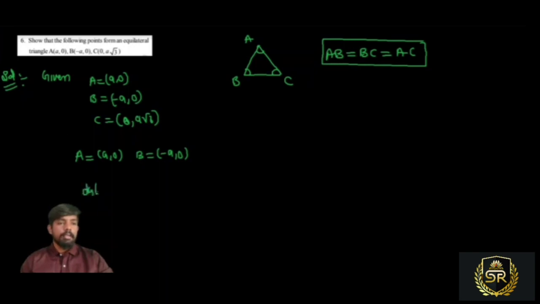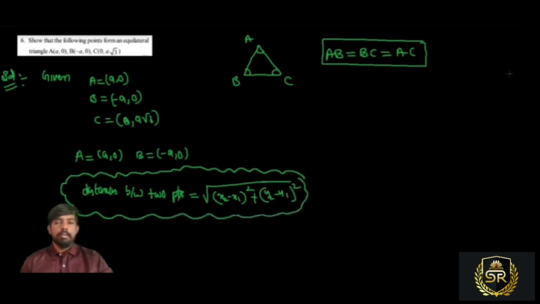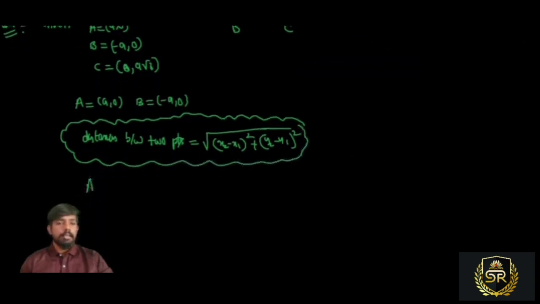Distance between 2 points is equal to root over (x2 minus x1) whole square plus (y2 minus y1) whole square. So this is the distance formula we are applying here. AB distance: AB is equal to root over (x2 minus x1) whole square, minus a minus a, plus (y2 minus y1), 0 minus 0 whole square.